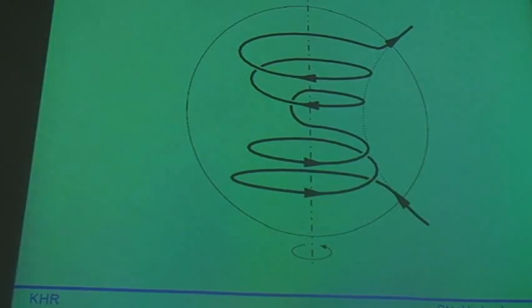I write symbolically omega here for differential rotation. And if the differential rotation is sufficiently strong, then you can neglect the alpha effect for the production of the toroidal field, and what you get is an alpha omega dynamo mechanism.